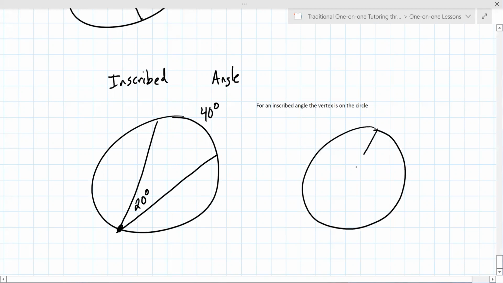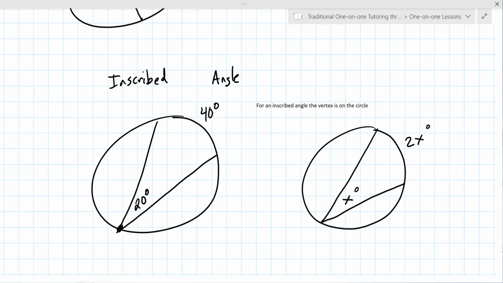I like to label the angle as x, and then this is 2x. But you can go either way. You can call the one on the arc x, and then it's half. So the arc will always be twice the size. Yes. And I think visually you can see that, this looks smaller than this arc.